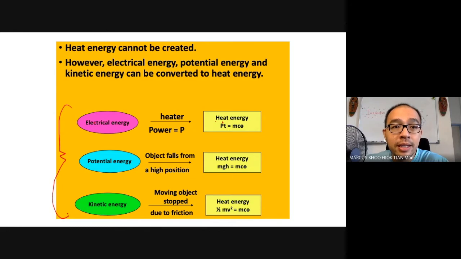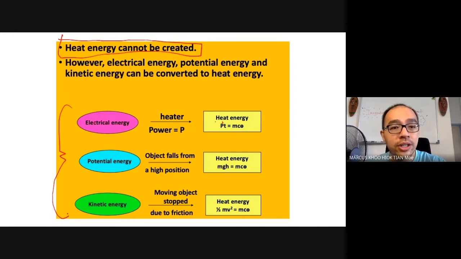This is something that a lot of people cannot seem to grasp, because you cannot create fire, you cannot create heat energy. All you're doing is changing one form of energy to another, and people will be like, get out of here, you're talking nonsense. It's not nonsense, it's scientific fact. You're just converting energy from one form to another.